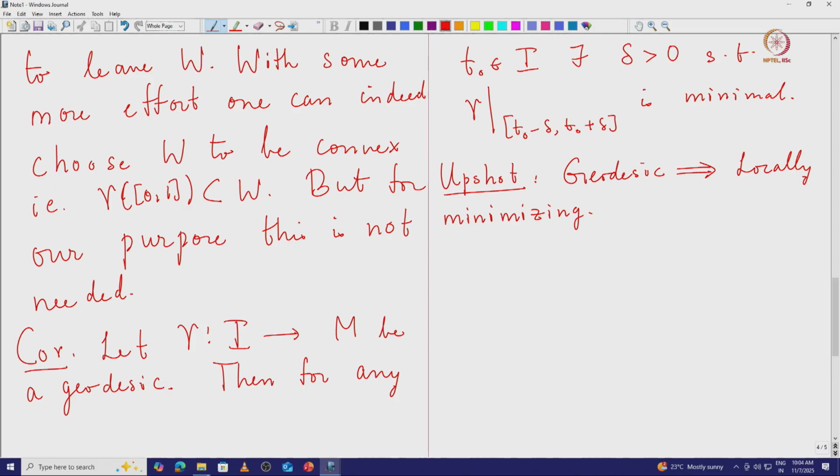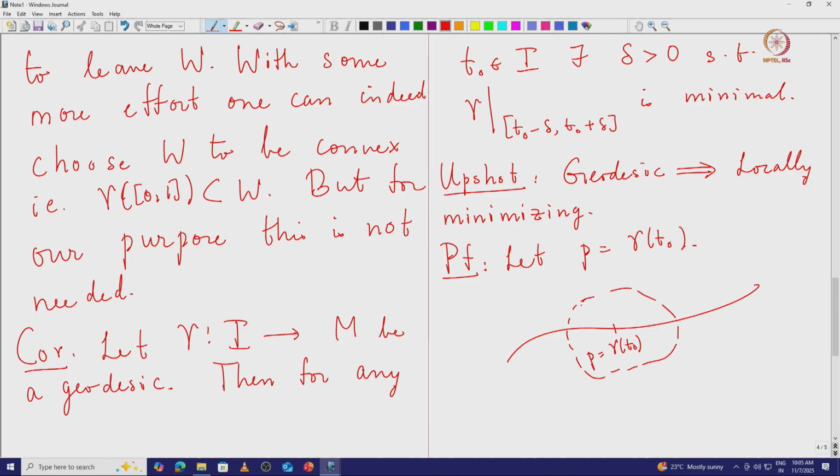All right. So how do you prove this? It's not difficult at all. So we just let P be this point. So this is our geodesic. We let P be the point gamma of T naught. Now by the theorem there exists this neighbourhood W such that any two points are basically joined by a unique geodesic.